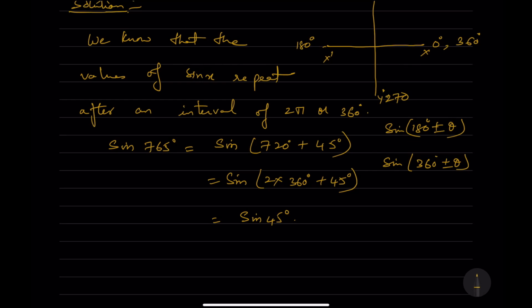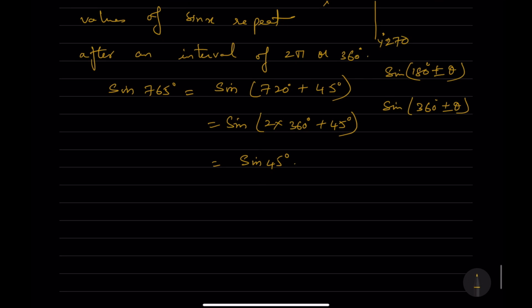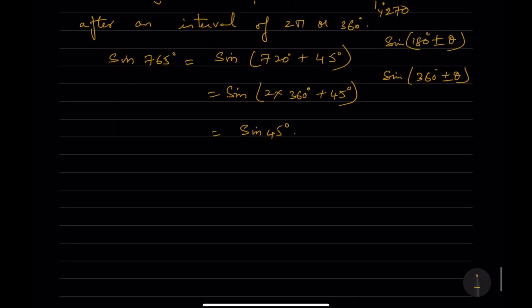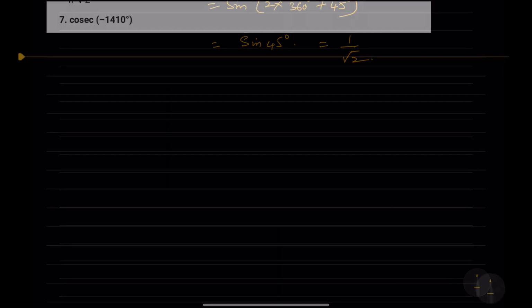So sine 180 plus or minus theta will be equal to sine theta, and sine 360 plus or minus theta will be equal to sine theta itself. But you have to see where you are getting plus or minus. So here you are having sine 45, it lies in the first quadrant, therefore this will always be positive. All the trigonometric functions are positive, therefore this is equal to 1 by root 2, where sine 45 degrees is equal to 1 by root 2.